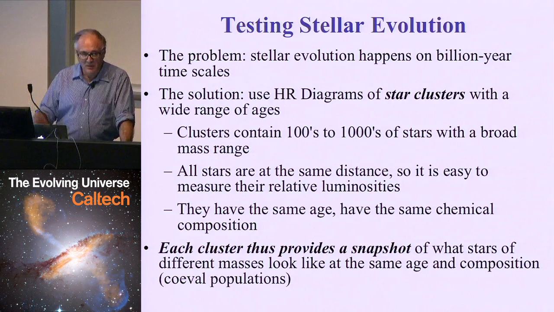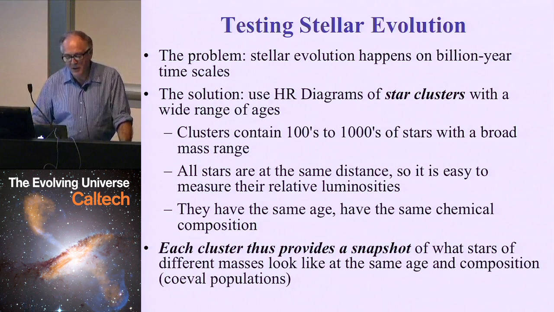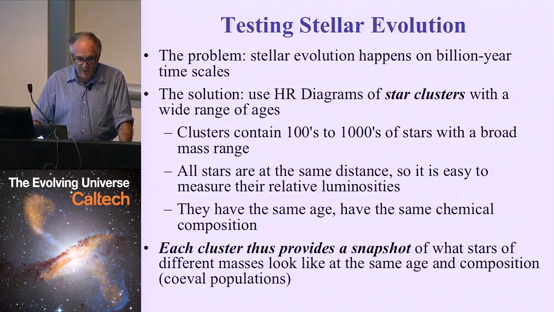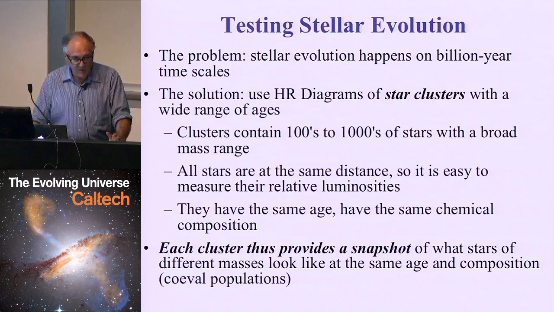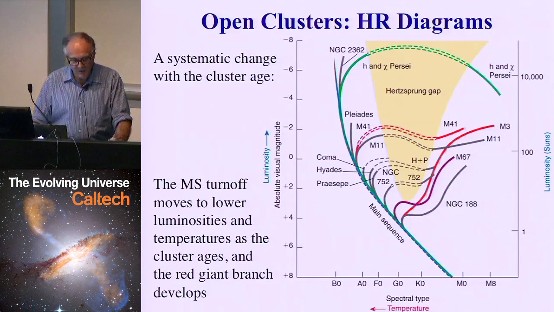And therefore, if you measure somehow the distance to the cluster, you know them all. You don't even have to do that if you can measure relative fluxes. By and large, they have the same composition because they form from the same protostellar cloud, and therefore they provide a really good set of samples to test our models.